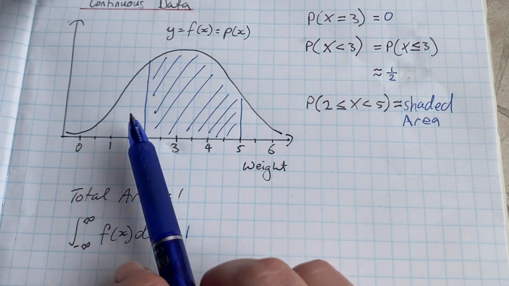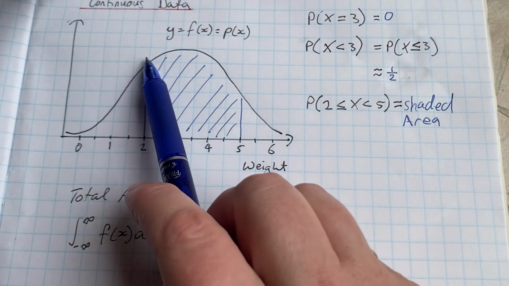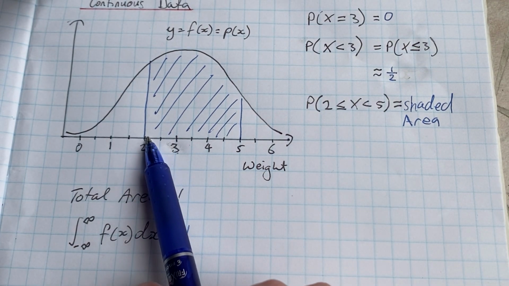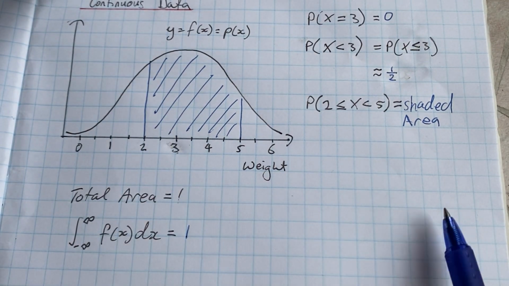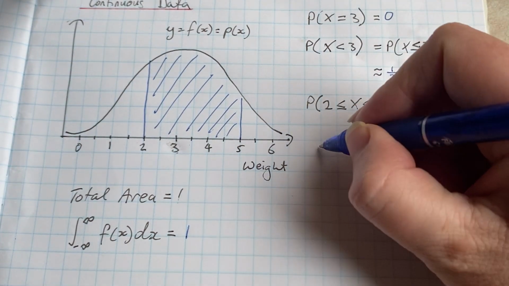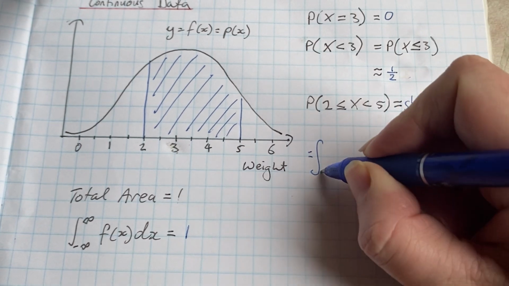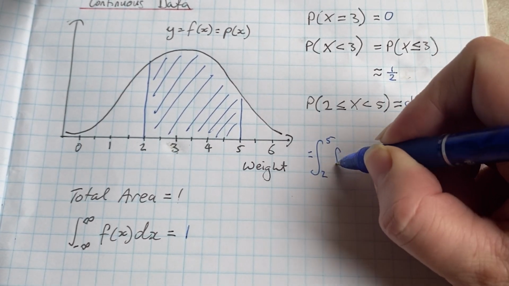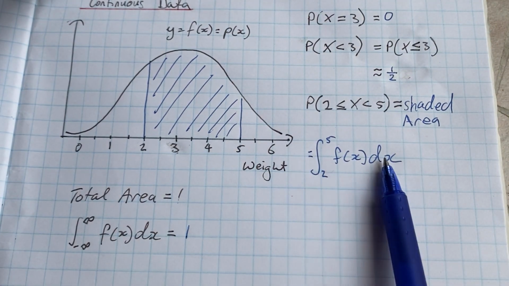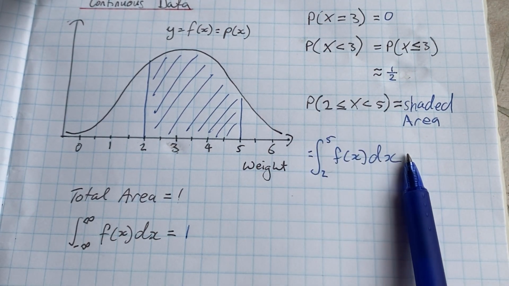So the shaded area gives you the probability. That means it's the integral from 2 to 5 of that curve with respect to x. So you can really see the importance of our calculus here that we've been learning.